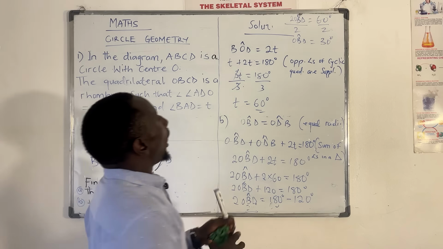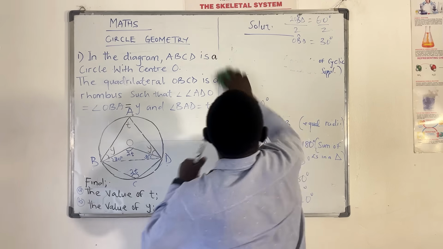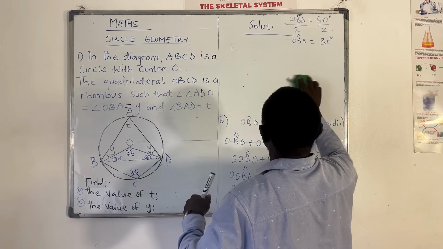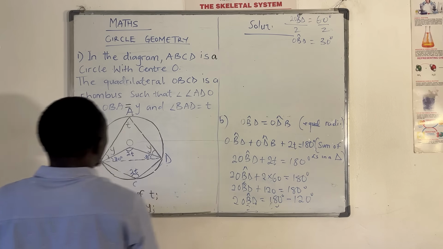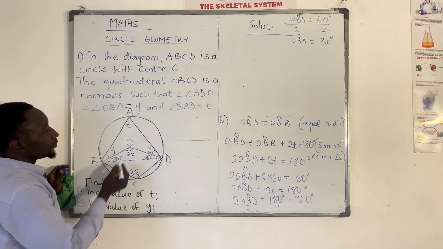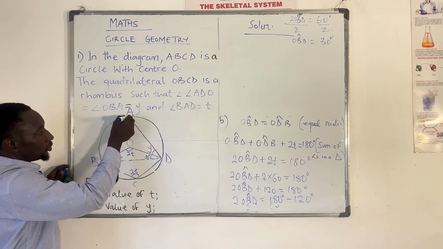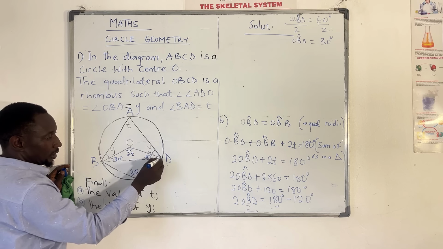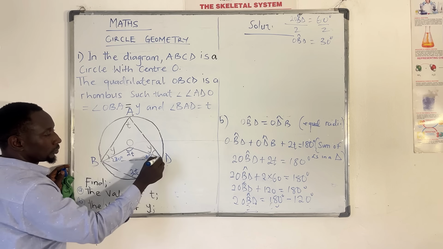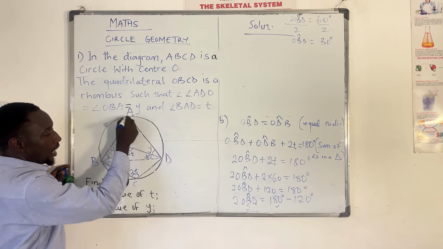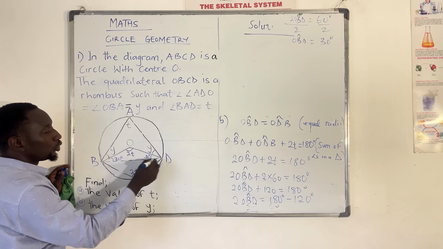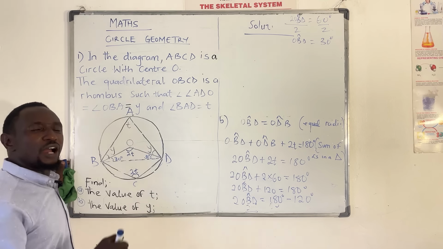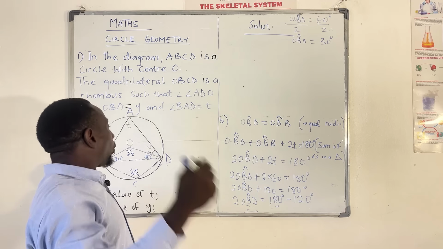Now, you don't have to consider that again. Look at this triangle. Consider this very triangle. For this triangle also, the sum of angles in a triangle is always equal to 180.